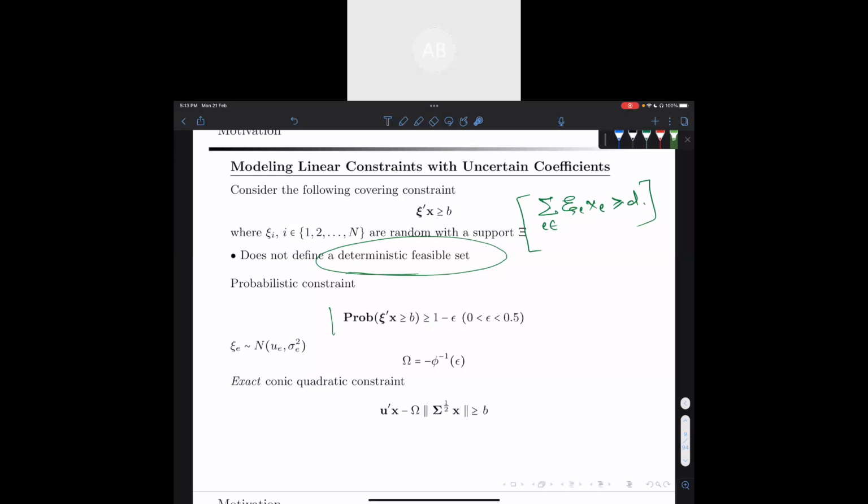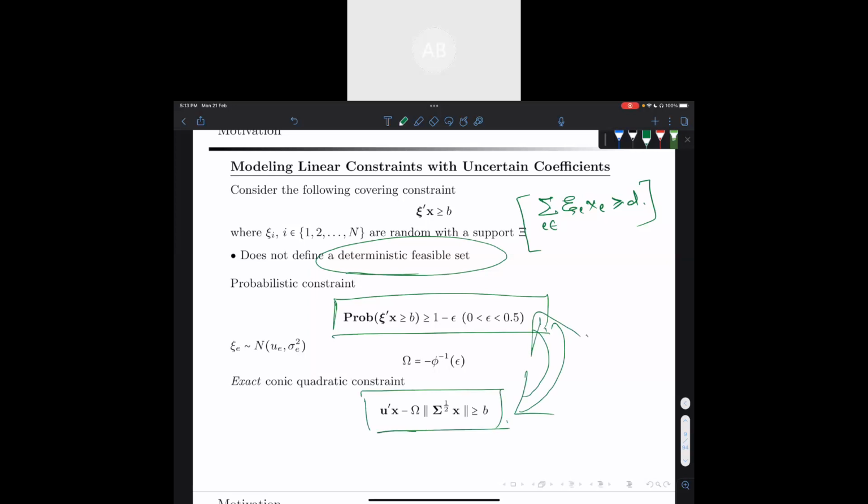So for epsilon between 0 and 0.5, if the probability that this constraint is satisfied is greater than or equal to 1 minus epsilon, and if your parameters are distributed normally, then this particular constraint has an exact deterministic representation, which is as shown here.